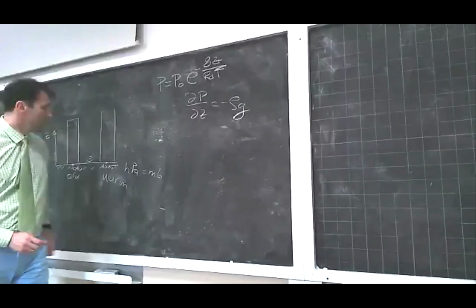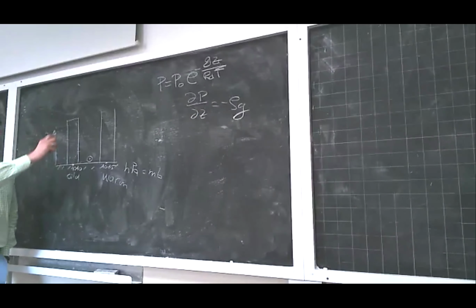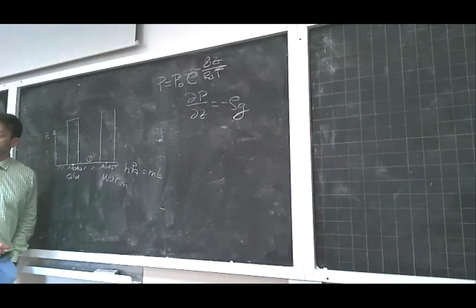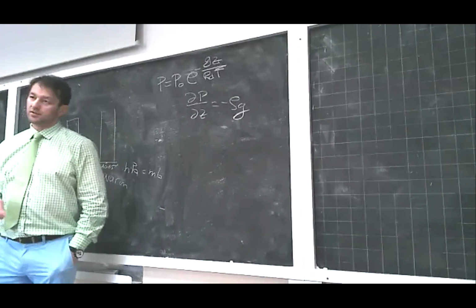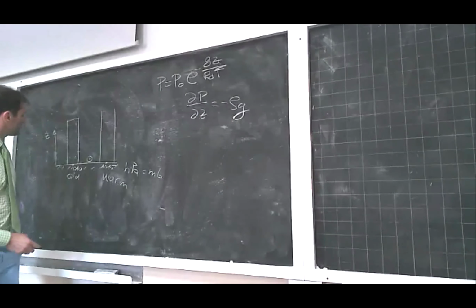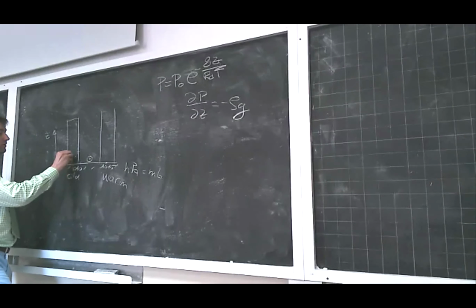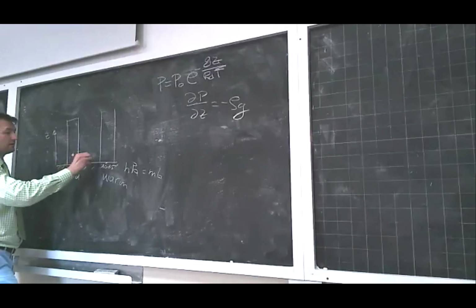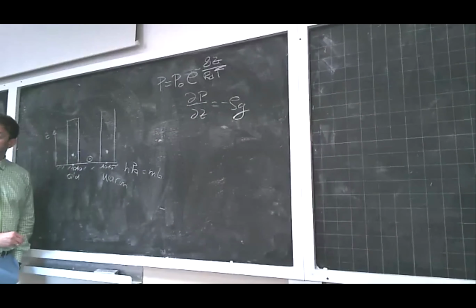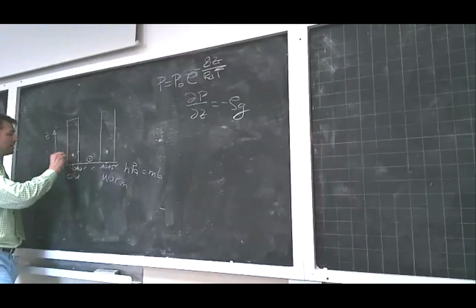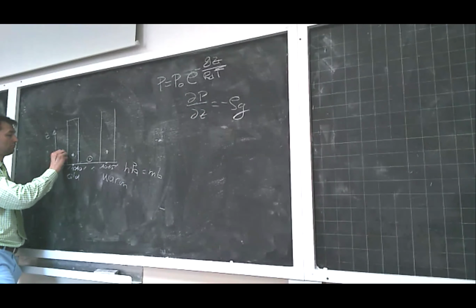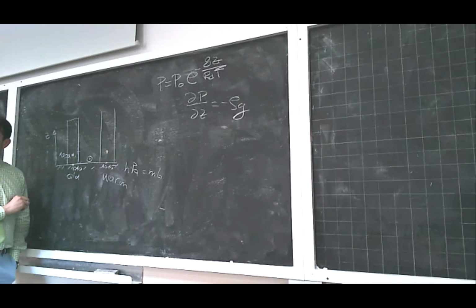But this equation is telling you that the pressure in cold air is dropping with altitude faster than the pressure in warm air. So that means I go to this height. Pressure here might be now 1,000 millibars.